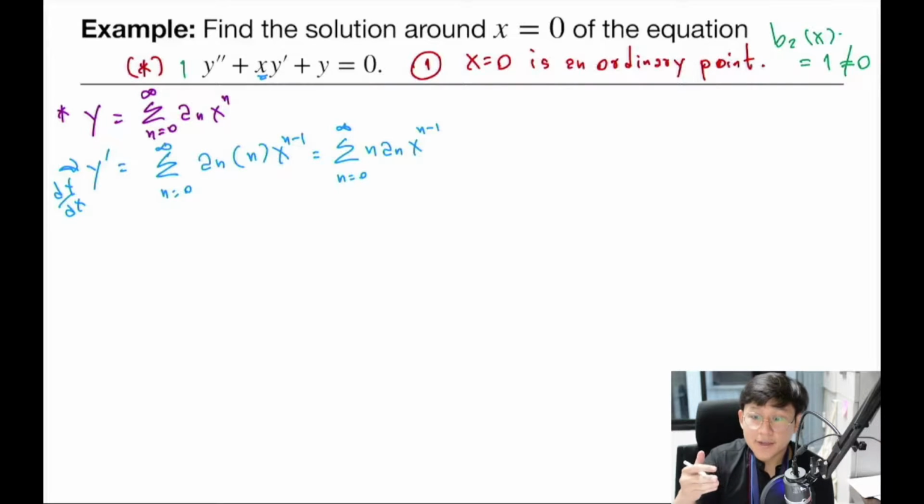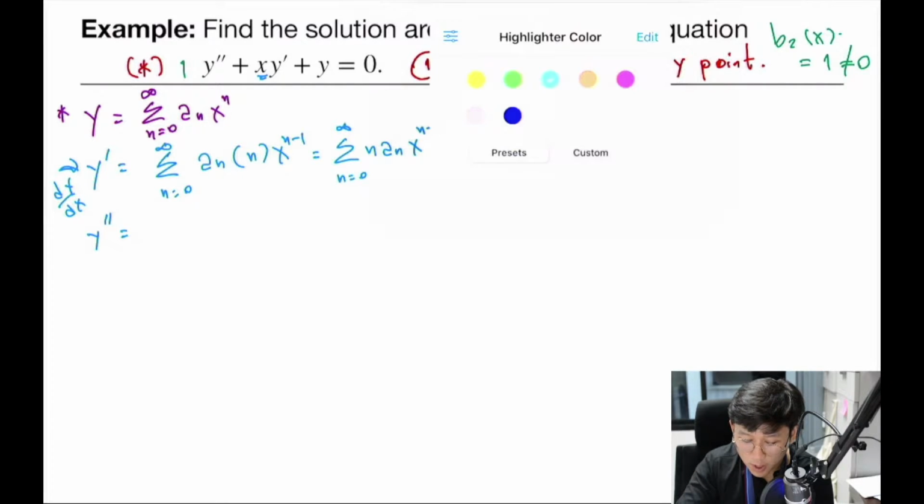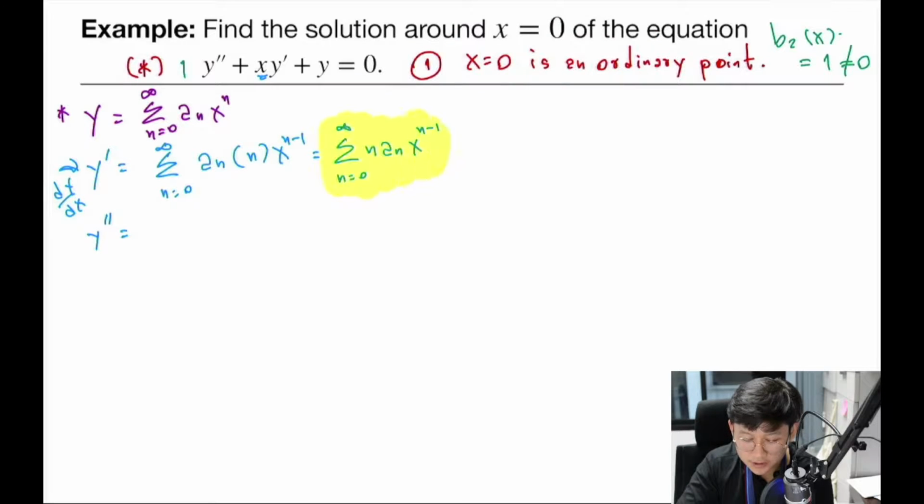And then if you want to find y double prime, that will be quite easy as well, right? You just need to differentiate y prime another time. So y double prime would be the summation from n equals 0 to infinity, and then you get n times n minus 1 times a_n x to the n minus 2.